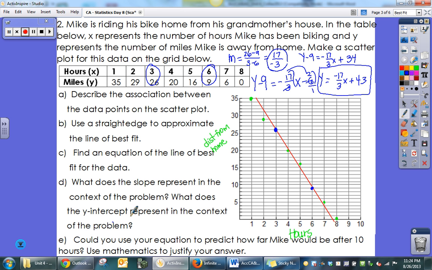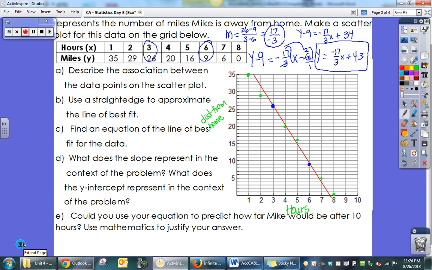And then it asks, could you use your equation to predict how far Mike would be after 10 hours? Use mathematics to justify your answer. So if I were to use my equation and plug in 10 hours, remember time is my x value, so I could just plug in negative 17 over 3, plug in 10 for x, and then plus 43.